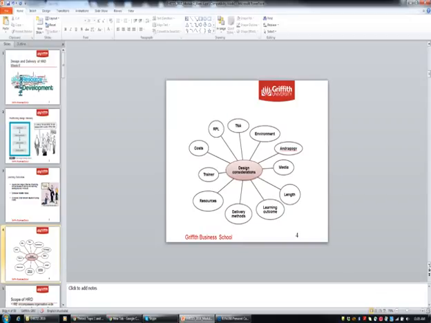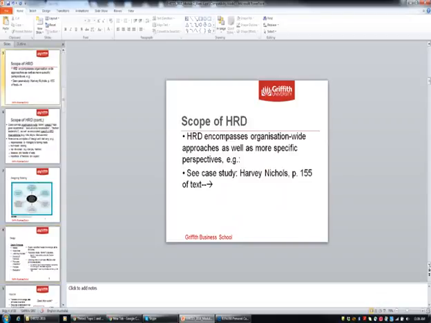RPL there refers to recognition of prior learning, which you would have heard of. And so that's about getting the pitching correctly, so that you're not expecting people to learn more or less than is relevant to their particular developmental profile.